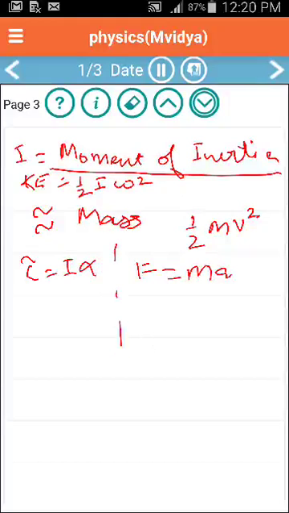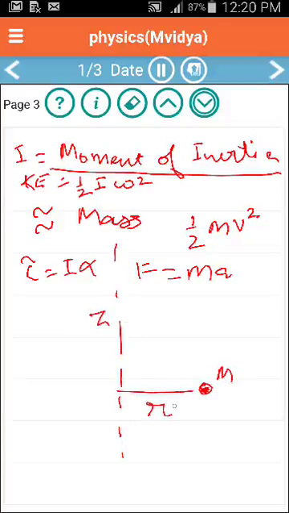By definition, if you consider a point mass m about an axis at a distance r, then we have I is equal to mr square. That is if we have one single mass.